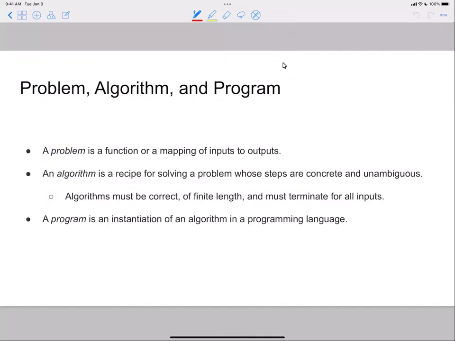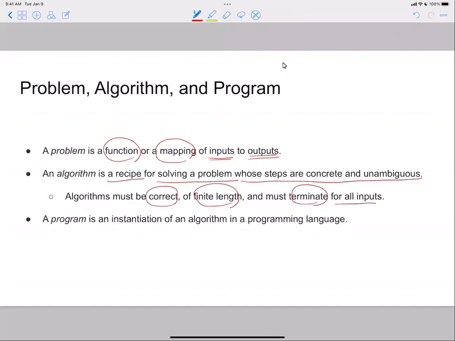So the problem is a function or mapping of inputs to outputs. And an algorithm is a recipe for solving a problem whose steps are concrete and unambiguous. Algorithms must be correct, of finite length, and must terminate for all inputs.